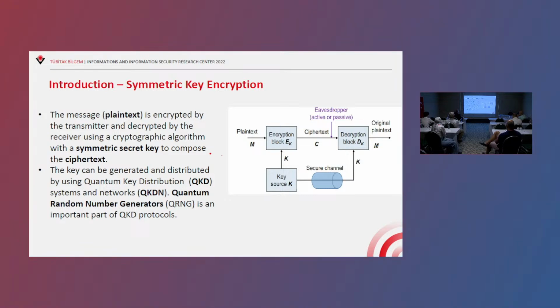So these key distribution protocols are usually implemented in a networked situation. And quantum random number generators are also an important part, as we are going to see, of these QKD protocols.